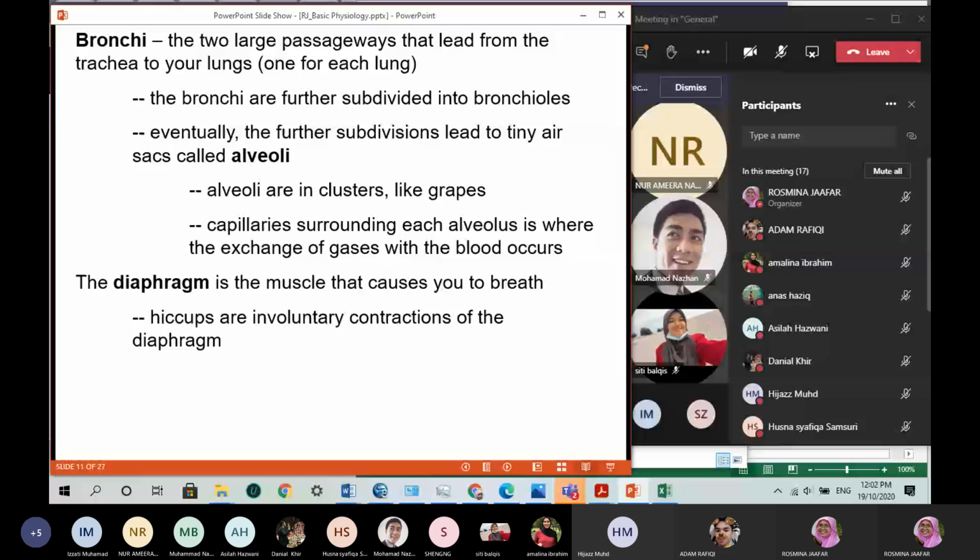So in the normal relaxed stage, the diaphragm is dome shaped. Dome meaning that there is very small space in the lungs, in the upper abdomen.